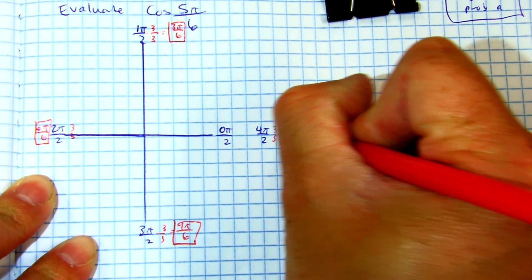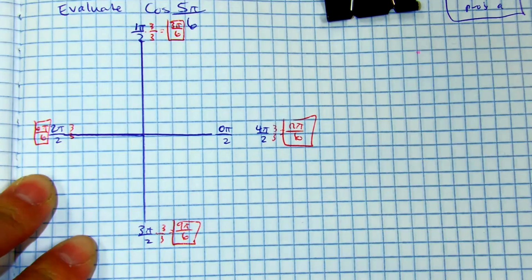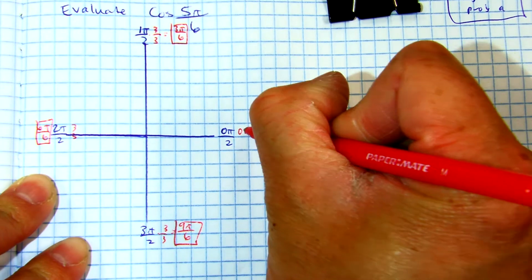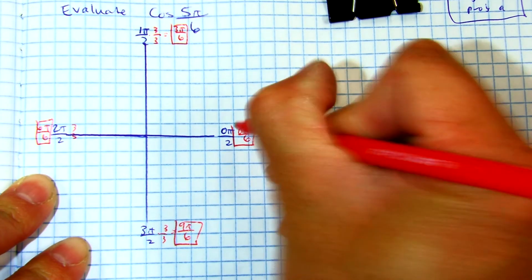So full rotation will be 12π over 6. And this one will just be 0π over 6. Good job.